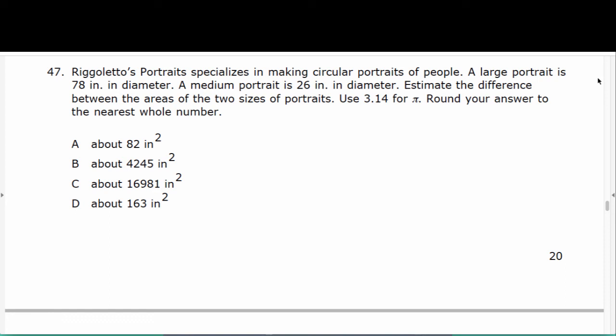Round your answer to the nearest whole number. A. About 82 inches squared. B. About 4,245 inches squared. C. About 16,981 inches squared. D. About 163 inches squared.